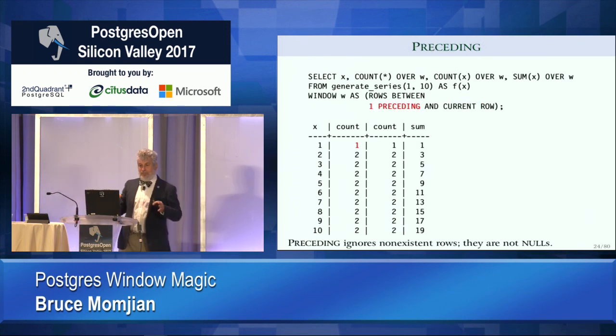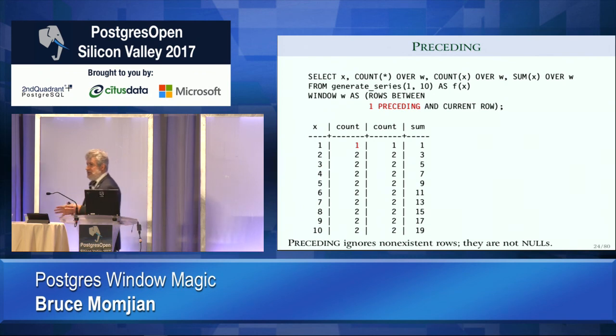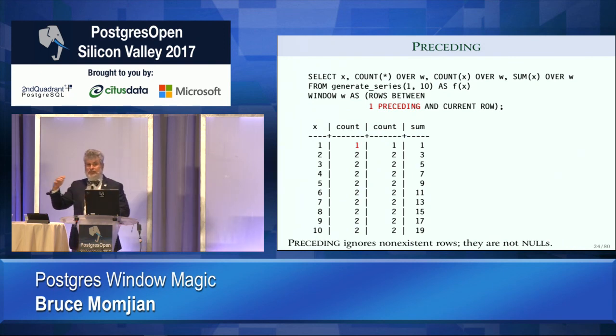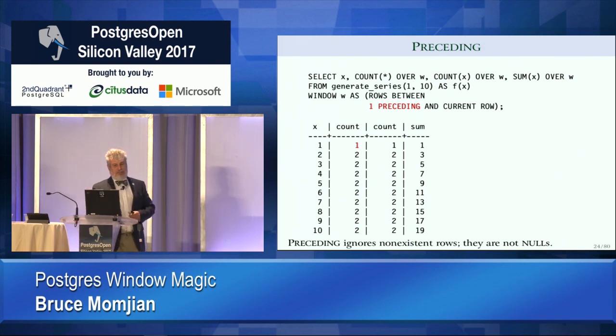I can use the preceding clause. This is where it starts to get interesting. I'm now saying give me rows between the row before mine and my row. So the 1 is 1 plus a row that doesn't exist, so it's just 1. The second one is actually, in this case, the sum is 1 plus 2, so it's the row before.